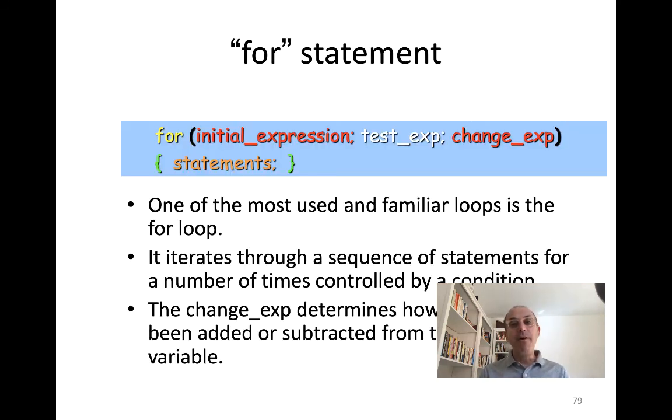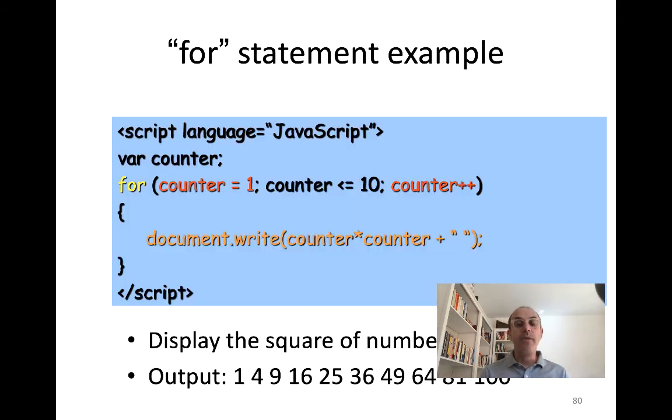For the for statement, we can use the most familiar loop, the for loop. It has the ability to run a sequence of statements a number of times controlled by the condition. The exchange determines how much is added to the counter variable. So in this case, I will set counter equal to 1, counter smaller than 2, and counter plus plus.